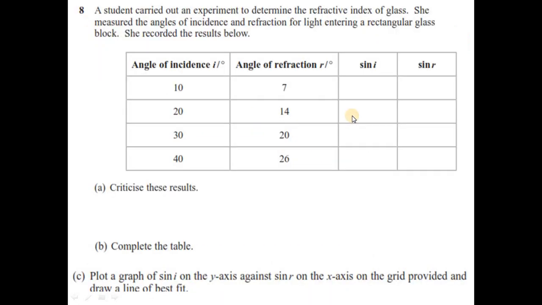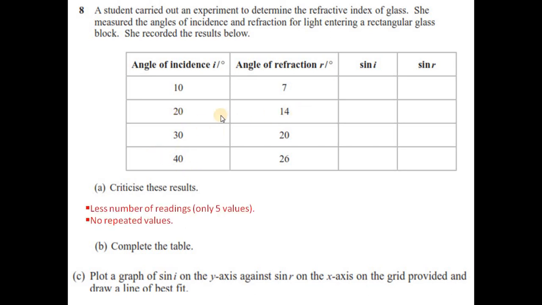Question number 8. A student carried out an experiment to determine the refractive index of glass. She measured the angle of incidence and the refraction for light entering a rectangular glass block. She recorded the results below. So this is the first column, incident angle, second column, refracted angle, and okay, criticize the result. Most common question in your unit 3: less number of readings, sometimes inconsistent significant figures.